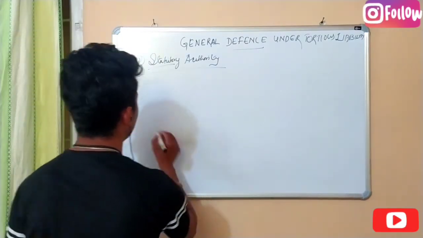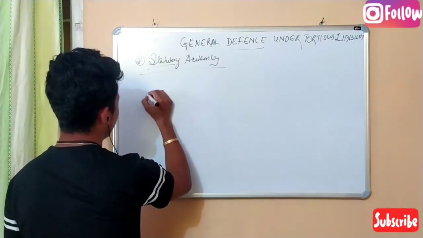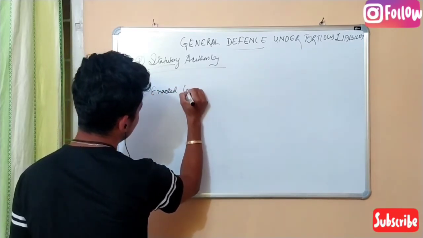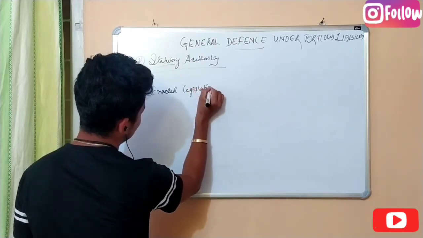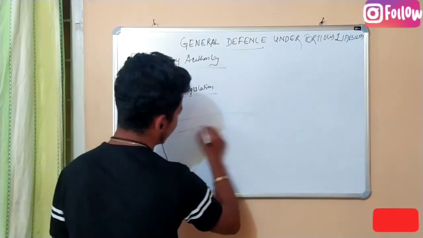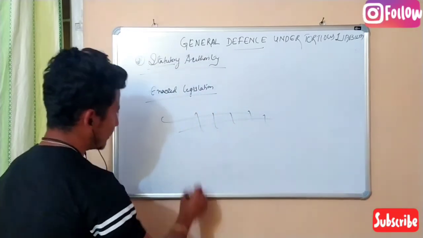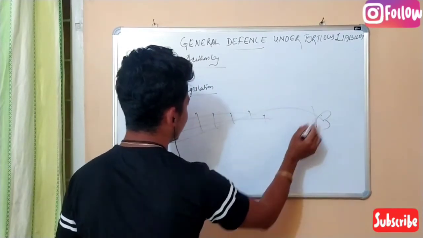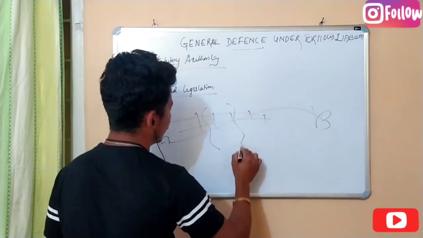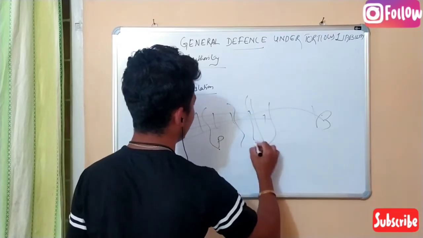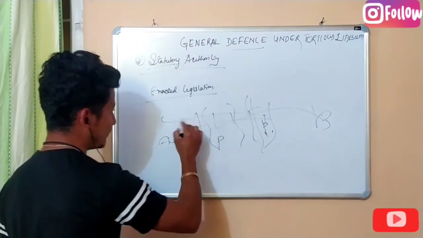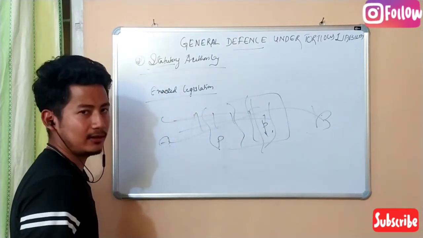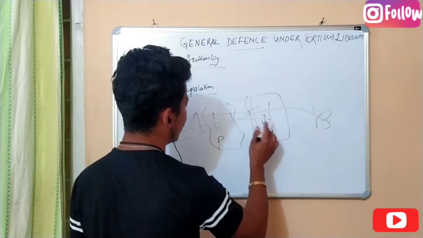Suppose the government has enacted legislation for a railway line, and the railway line should run from point A to point B. Between point A and point B, there is private land occupied or owned by a private individual.